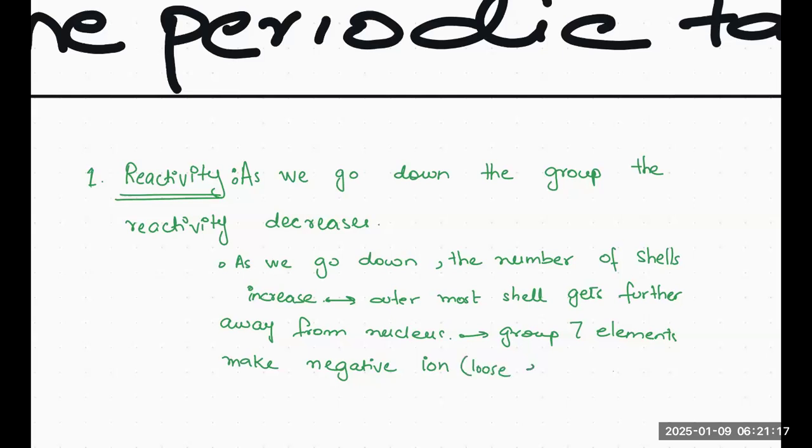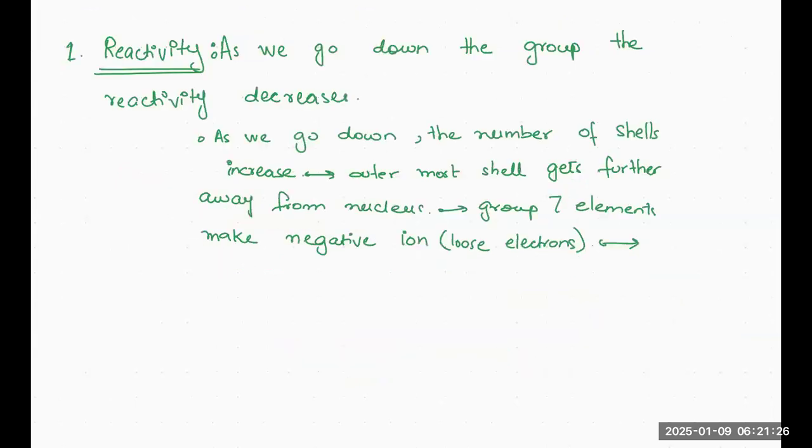So as the outermost shell gets further and further away from the nucleus, the harder it will be for it to gain electrons. I'm so sorry, I said lose electrons, it is gain electrons. Harder to gain electrons as we go down the group. So it becomes harder and harder for them to gain those electrons to make a negative ion as we go down the group. So this is why reactivity decreases.